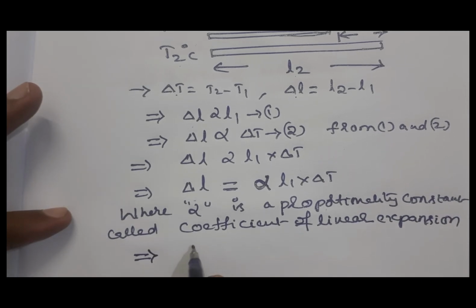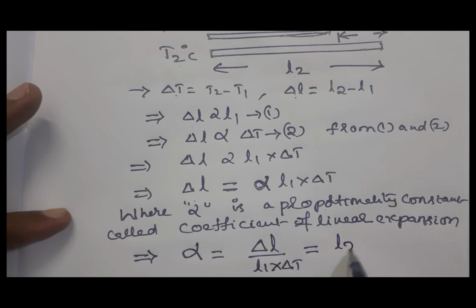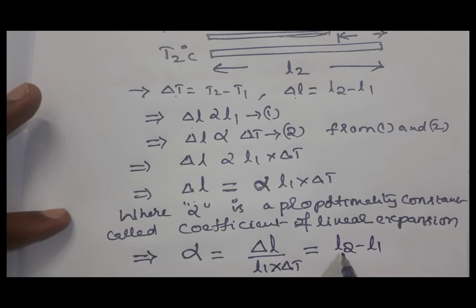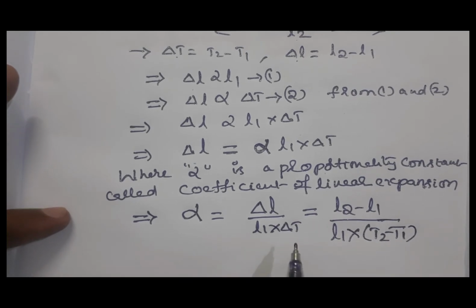So this is given by the formula alpha equals delta L by L1 into delta T. But you know delta L is equal to L2 minus L1, final length minus original length. And delta T means final temperature T2 minus initial temperature T1. We can also use this formula for calculating the coefficient of linear expansion.